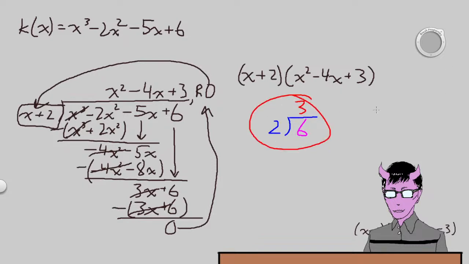So there are multiple conclusions we can say when we have something like this. We can say 2 is a factor of 6 because we get a remainder of 0. We can say 3 is also a factor of 6 because 3 times 2 gets you back to 6.